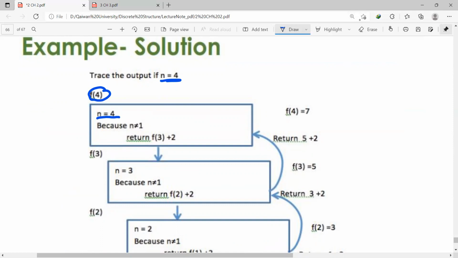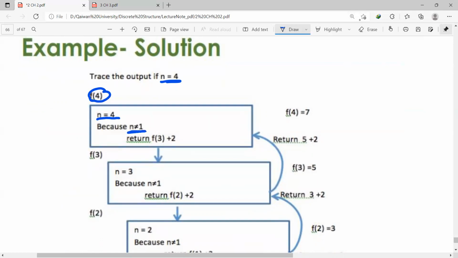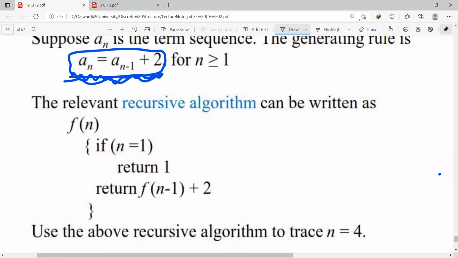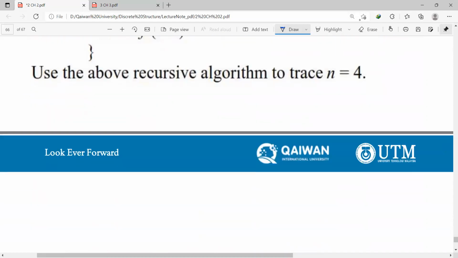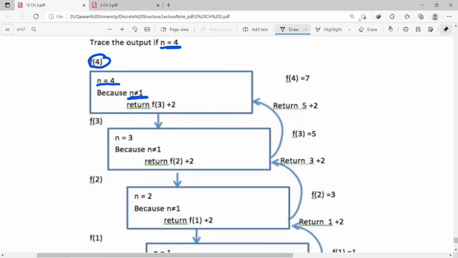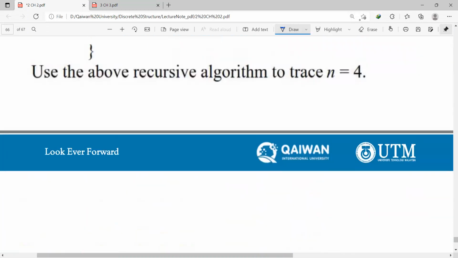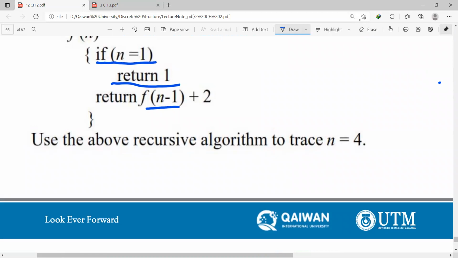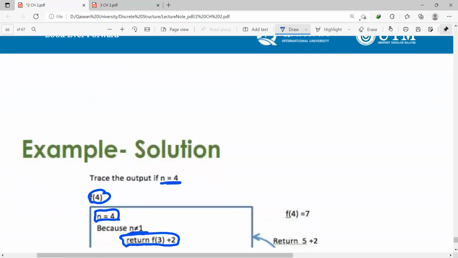Since n is not 1, we return f of n minus 1 plus 2. That means we return f of 3 plus 2 in the first step.